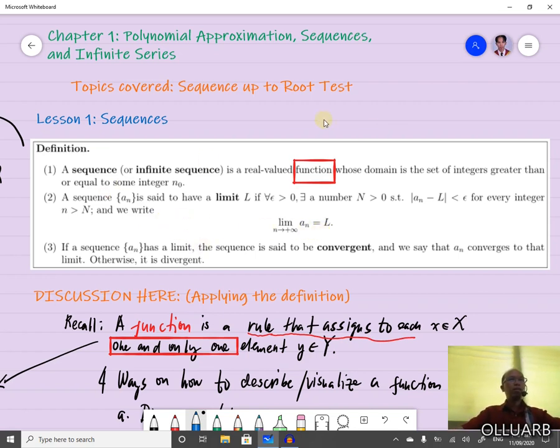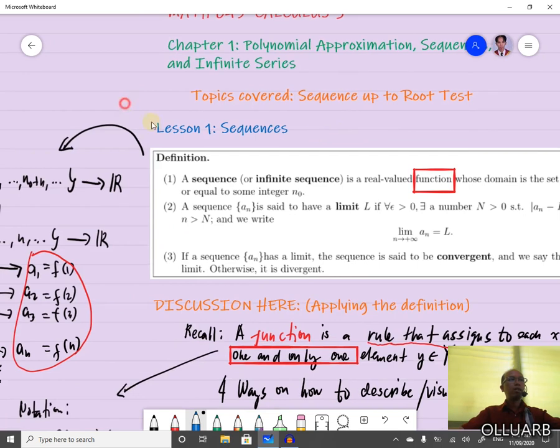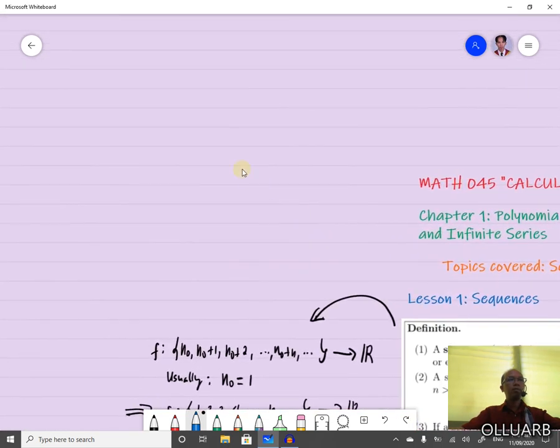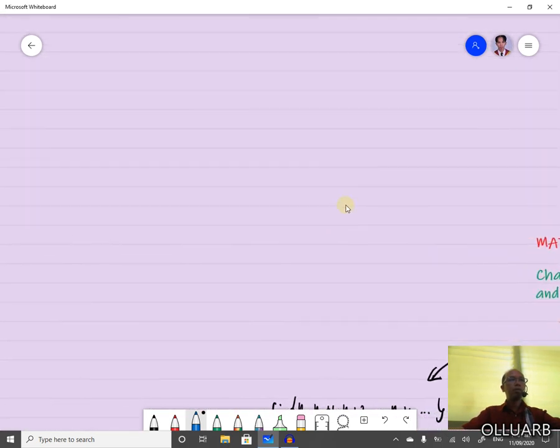Okay, so let's have an example for definition number 2. This is about limits.